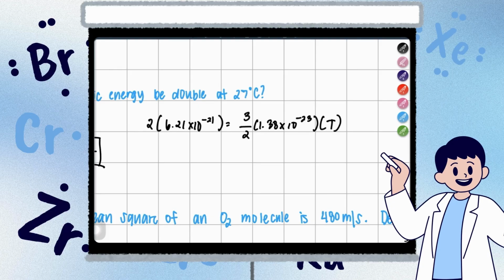Now, we can derive this formula to get T equals 1.24 times 10 to the negative 20, which is from here, and then our denominator is 3 halves times 1.38 times 10 to the negative 23. And after inputting this into your calculators, we will get 600 Kelvin.